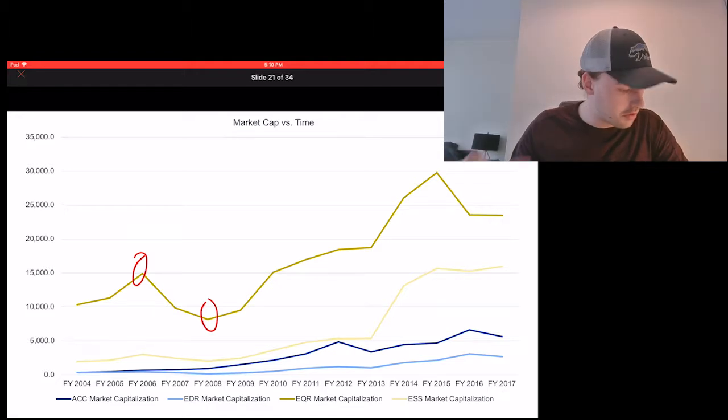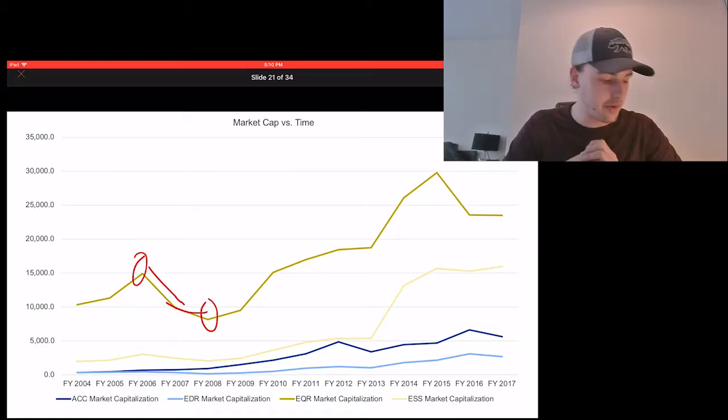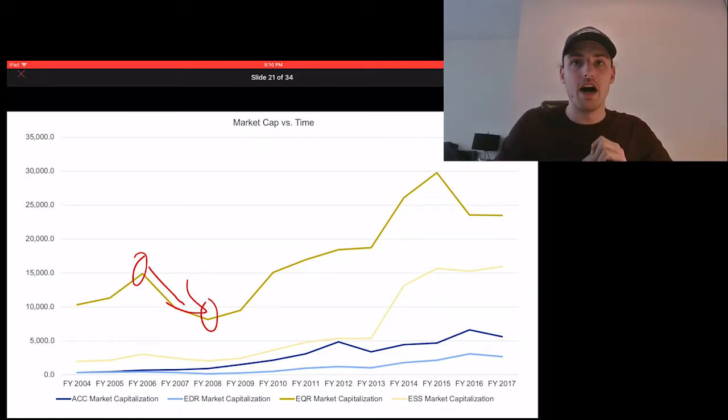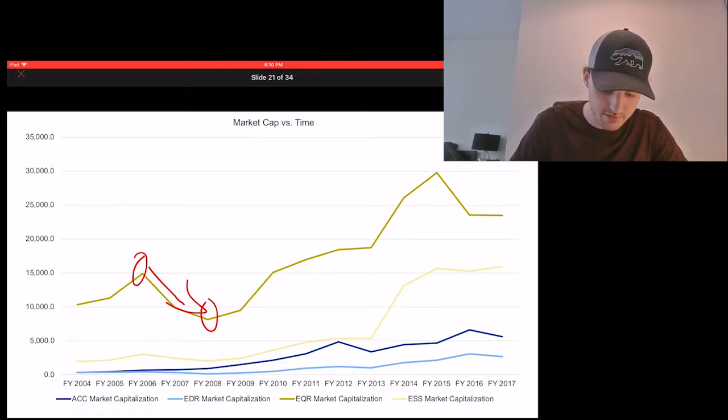And so remember from earlier slides that price to book of EQR never got down to even 1.5. So this means that although the traded equity sank by 50%, so we had a 50% reduction in the traded equity value or market capitalization, the price to book of the underlying assets still only got to 1.5, which means that the tangible equity value, or the book value of the equity in the company, is actually down here somewhere.